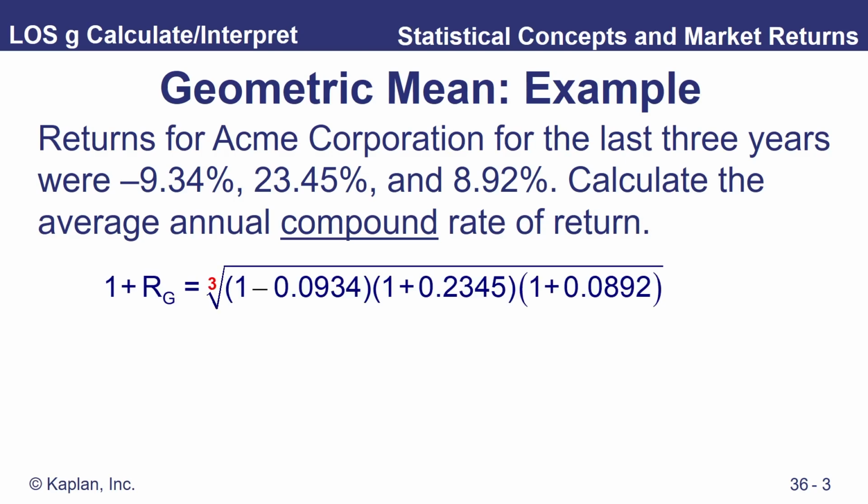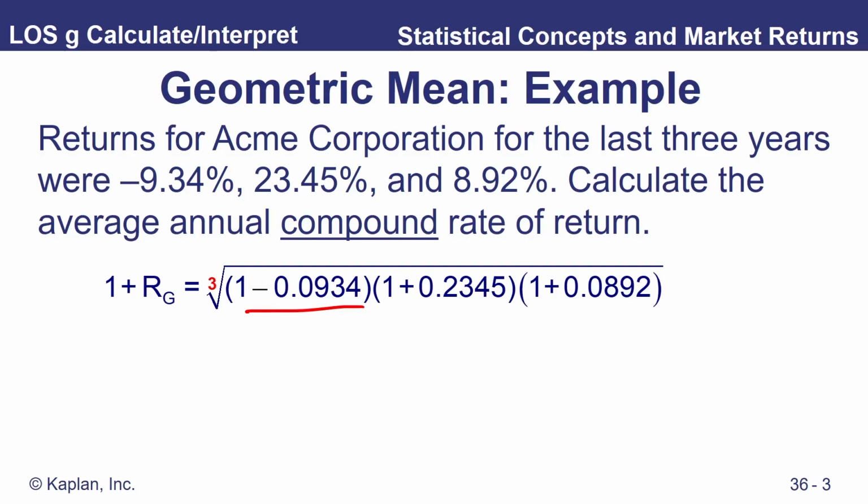Okay, so 1 plus our annualized compound rate of return is equal to, let's start off with our brackets first. 1 plus, of course, our annual rate of return as a decimal. So, of course, because we've got minus 9.34% in the first period, it's 1 minus 0.0934.